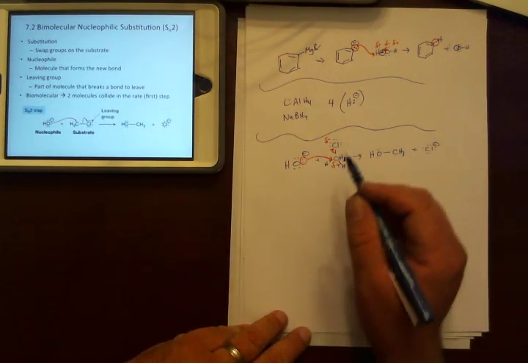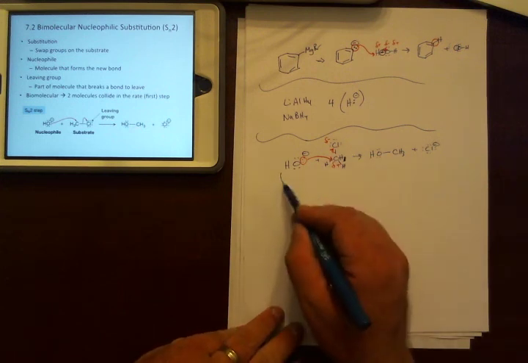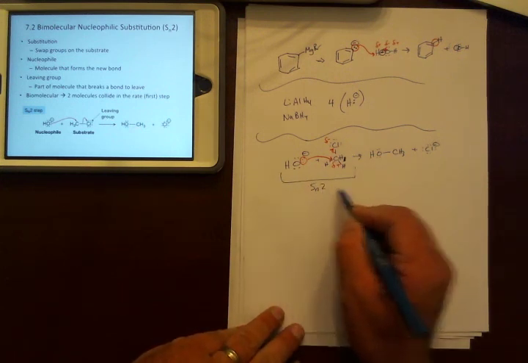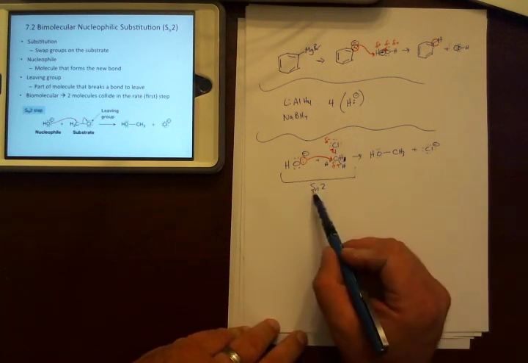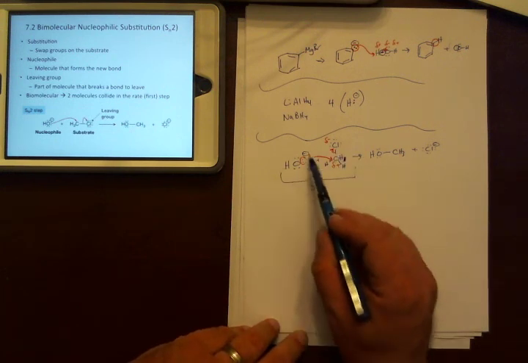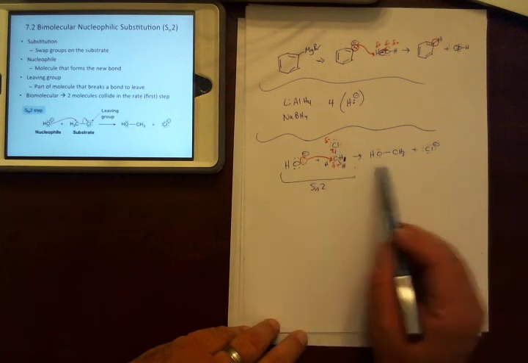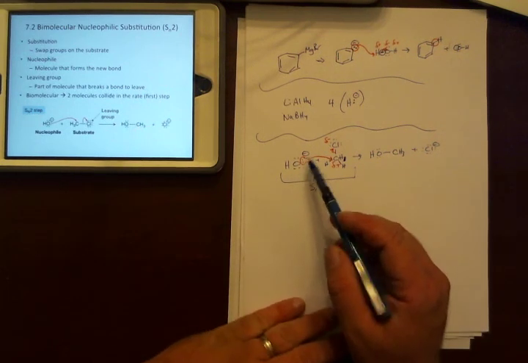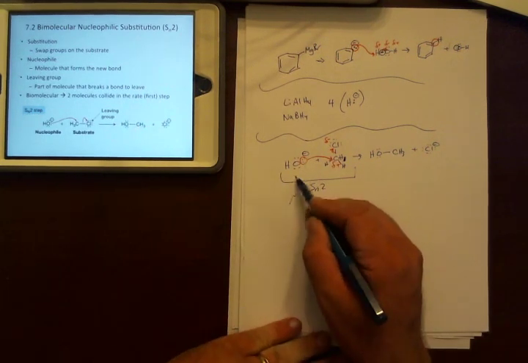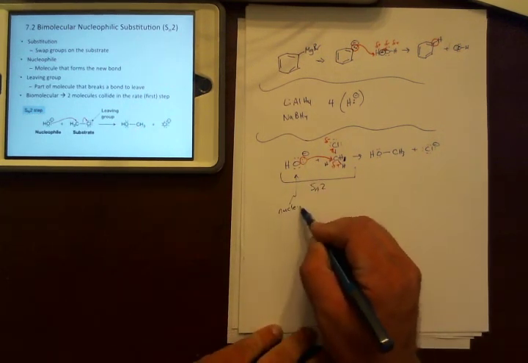So a couple of different things. This reaction here is called an Sn2 reaction. It's what's called a substitution. That's what the S stands for, because you're substituting this group for that group on this carbon. It's just a CH3, but you're substituting it. This group here is called the nucleophile.